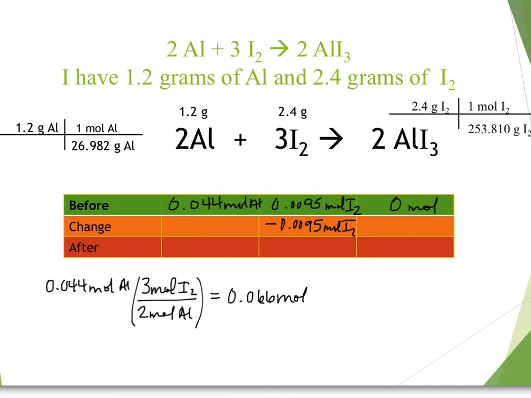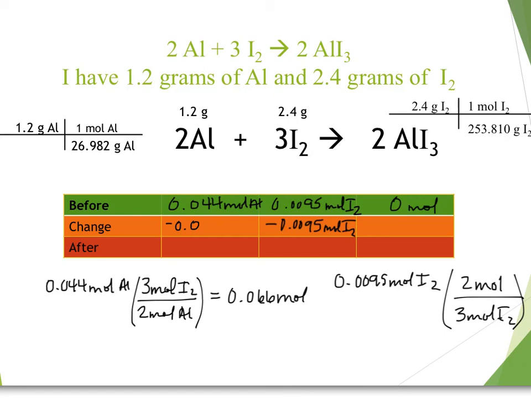And then I'm going to do this one more time. 0.0095 moles of iodine over 3 moles iodine, so that they cancel out, and 2 moles aluminum, which gives you minus 0.0063 moles of aluminum being used.